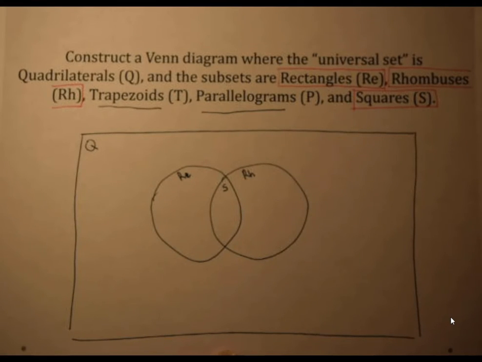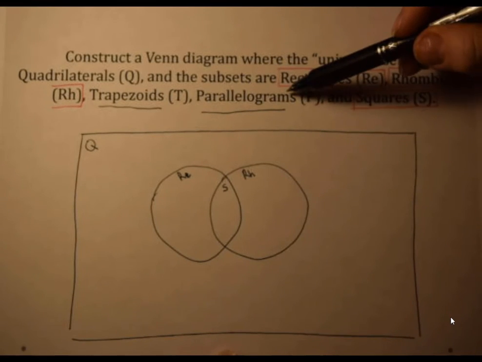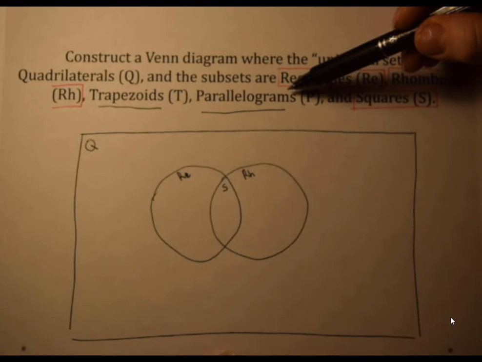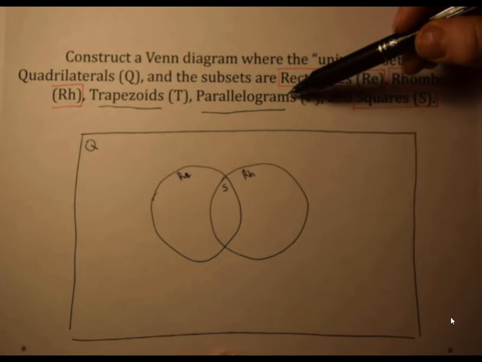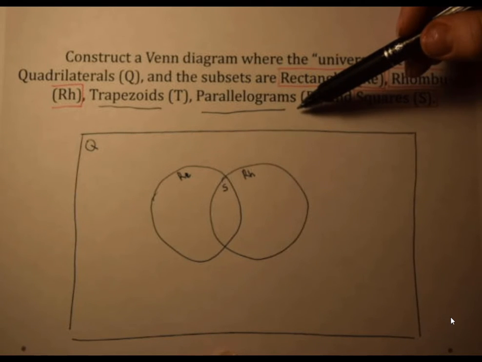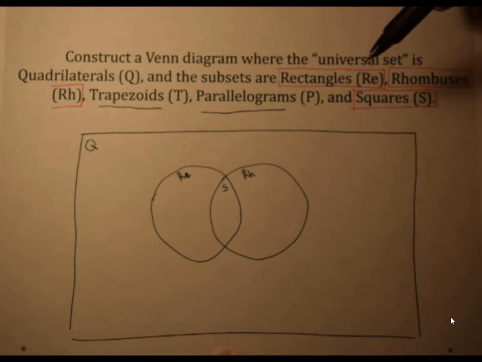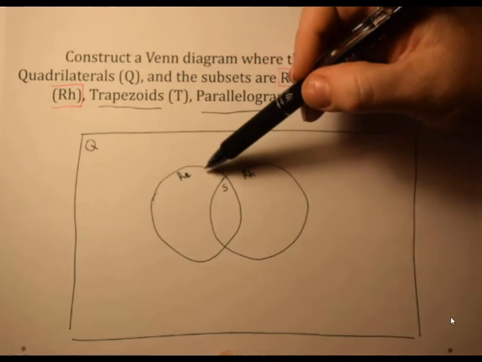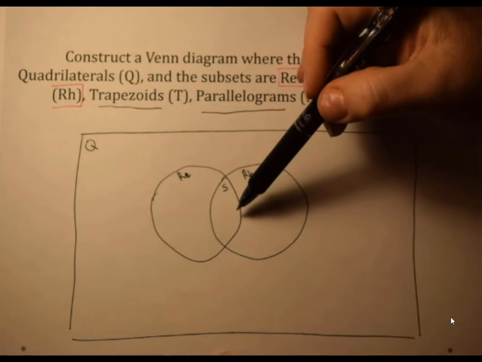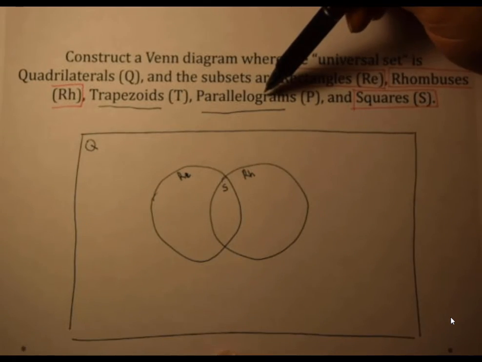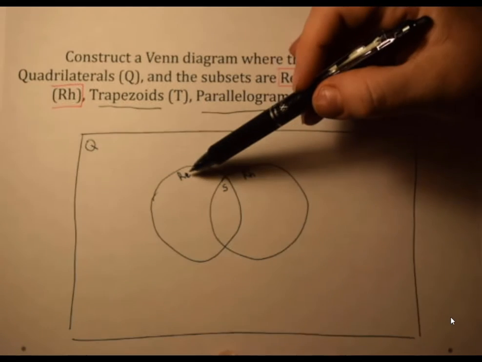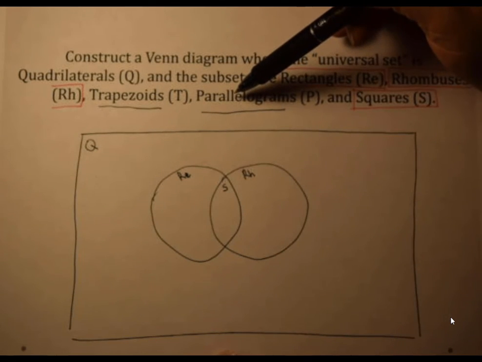Welcome back. Let's take a look at parallelograms first. So parallelograms, opposite sides are parallel and equal, opposite angles are equal. So if we look at all the rectangles, any rectangle there is meets that definition. So any rectangle is a parallelogram.